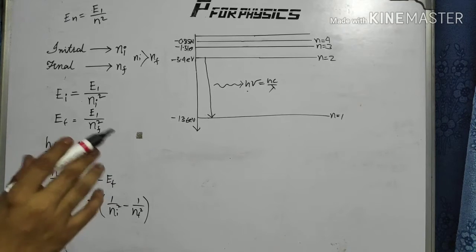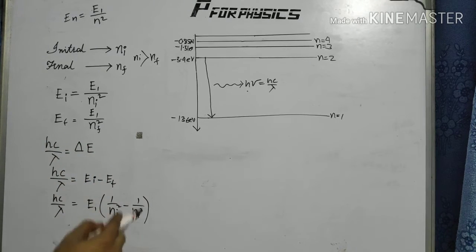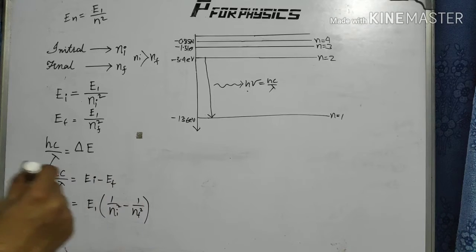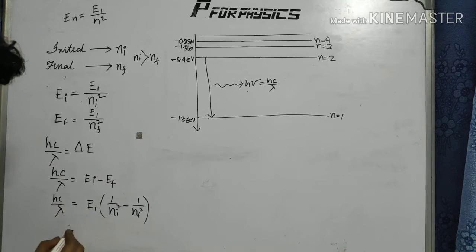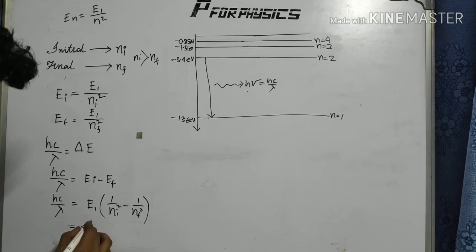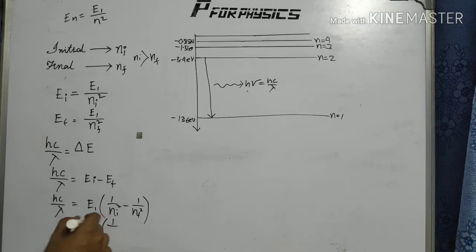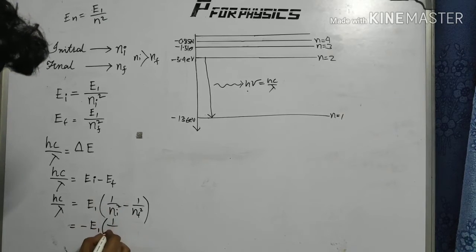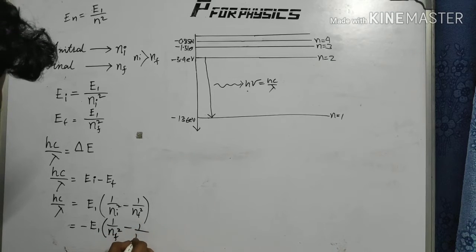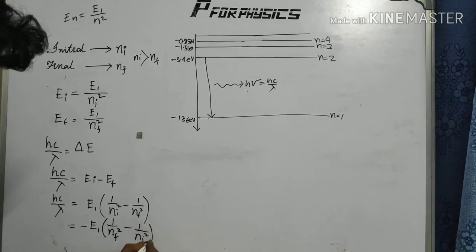But we want a formula where we can put the values of ni and nf and we will get the result. So to do that, what we'll do, we'll take a negative in common. So it will simply be 1 by nf square minus 1 by ni square.